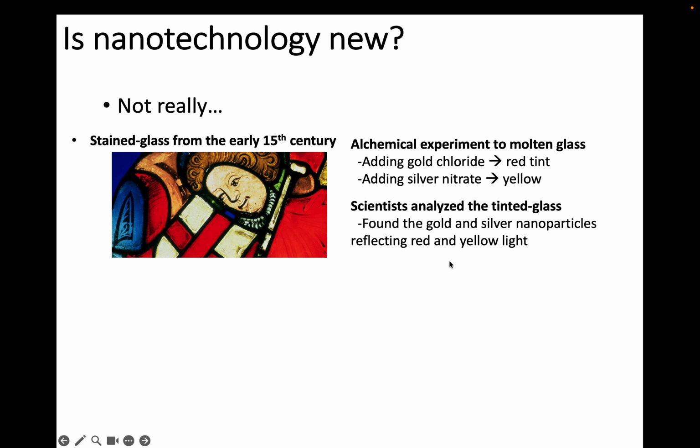As we saw in 2 or 3 previous slides, you saw the colors of silver nanoparticles and gold nanoparticles, right? So in old times, even in the 15th century, they were essentially producing silver and gold nanoparticles without knowing it, right? By experience, they were producing this color, but it turns out they were essentially producing nanoparticles, okay?